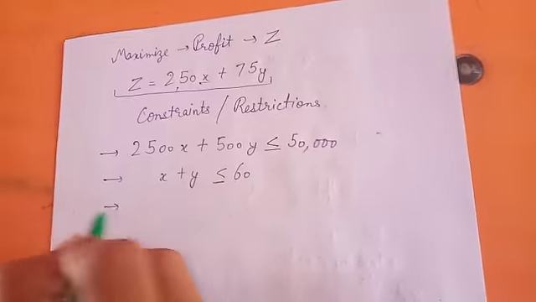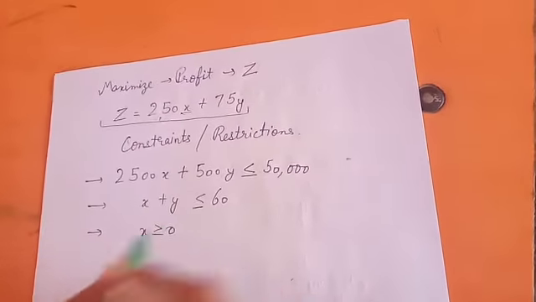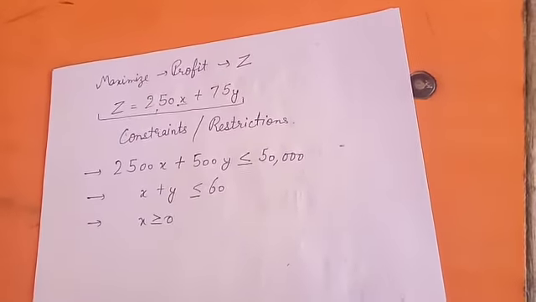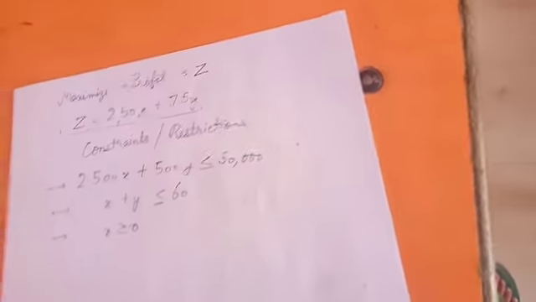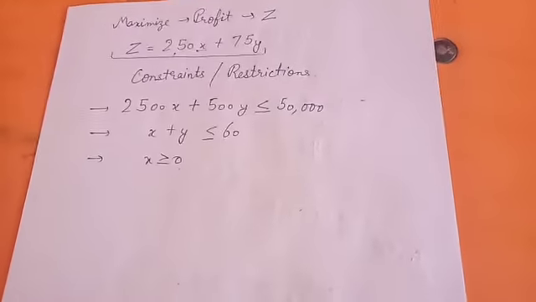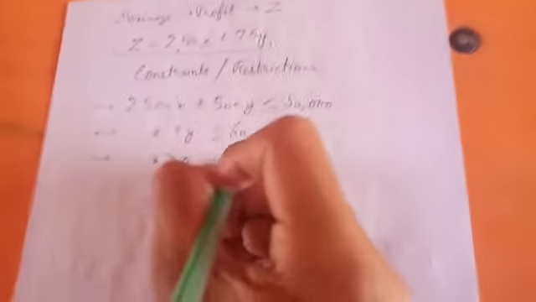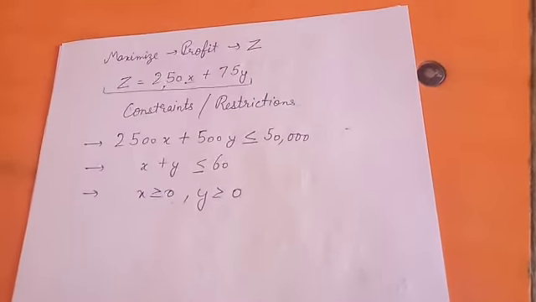Also, x will be greater than or equal to 0. It is obvious that either he will buy no tables, which is equal to 0, or some number of tables greater than 0, but it cannot be negative. Similarly, y cannot be negative either.